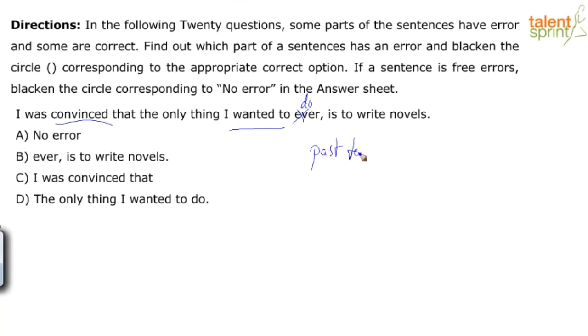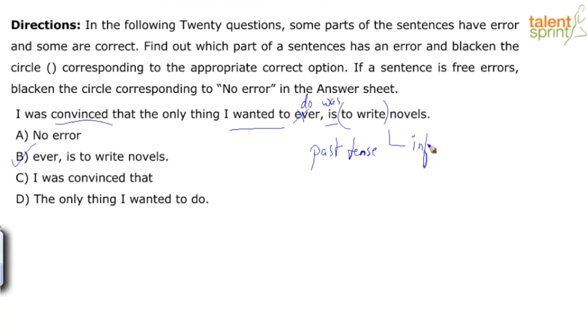So is there any other verb or helping verb which is not aligned with past tense? What is that? And what do I need to change? Which means, where do I need to change that? I was convinced that the only thing I wanted to do was, yes, which is in part B, was to write.